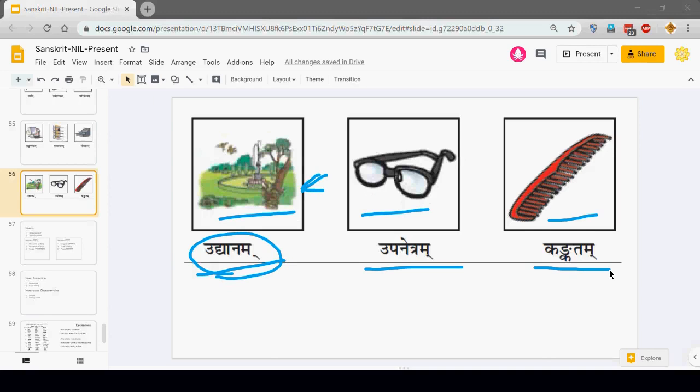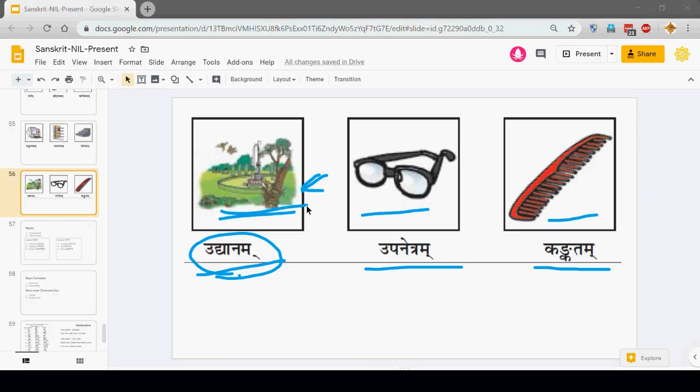This is to be underlined and is very important. The gender is of the word, not of the object, in the Sanskrit language. Gender belongs to the word. There is a separation between the word and the object here.